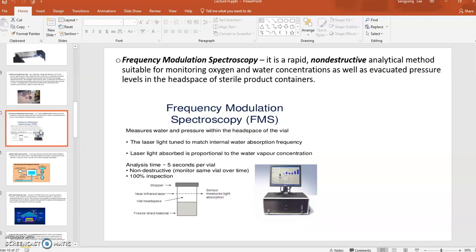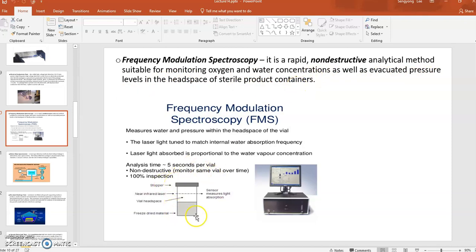Another test is called frequency modulation spectroscopy. Again, this is a rapid non-destructive test. It's suitable for monitoring oxygen and water concentration as well as evacuated pressure level in the headspace of the sterile product container. So how does that work?